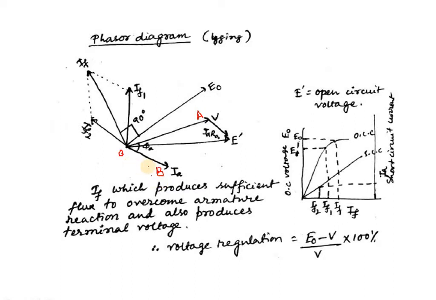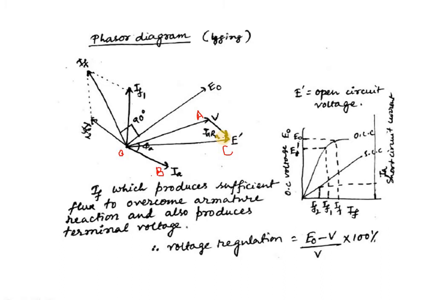Here we have drawn the lagging current phasor. Thirdly, the armature resistance drop IARA is drawn in phase with IA along the line, and join O and C. This is the IARA drop.